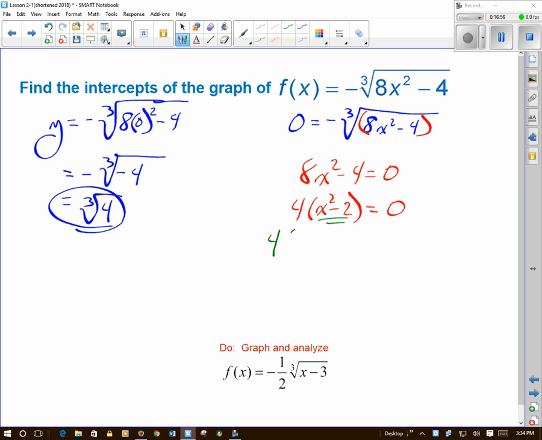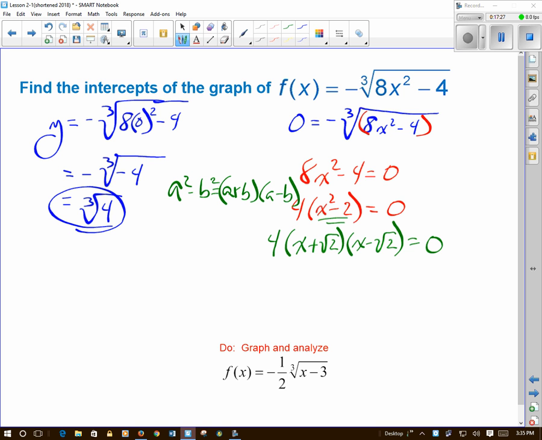So we have 4 times x plus the square root of 2 times x minus the square root of 2 equals 0. So does 2 have a square root? Absolutely. What is it? It's the square root of 2. So we can factor that just like we factor the difference of squares, a squared minus b squared, a plus b times a minus b.